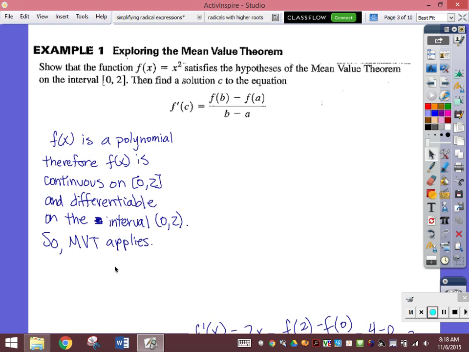So now that we've established that the theorem applies, then I need to actually find the solution. So first thing I need is f prime, and f prime of x is 2x, so it's pretty straightforward. And then I need to evaluate f of b minus f of a over b minus a. And b and a are just the endpoints of your interval.